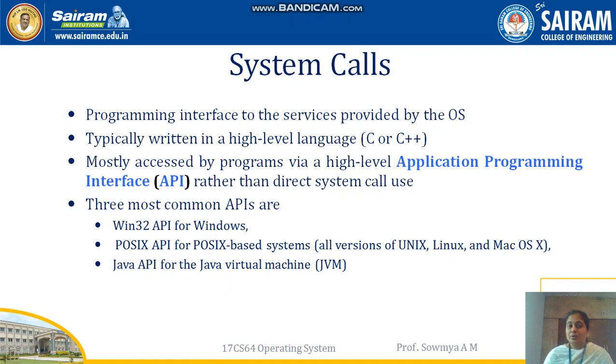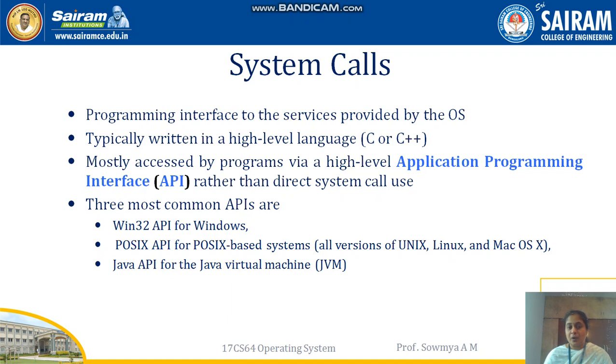Instead, the user is provided with a high level application programming interface, like the graphical user interface. If you want to open a file, just click on the file. Clicking on a file is an application programming interface which creates a system call like open.